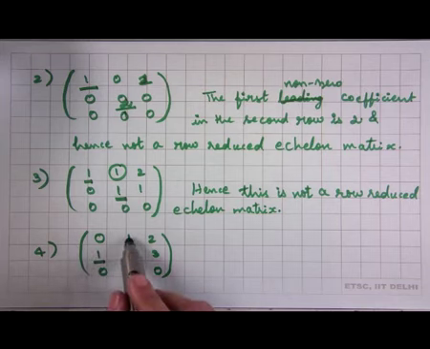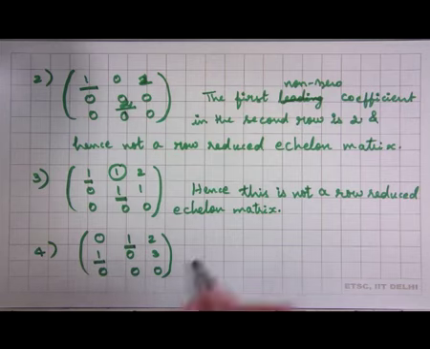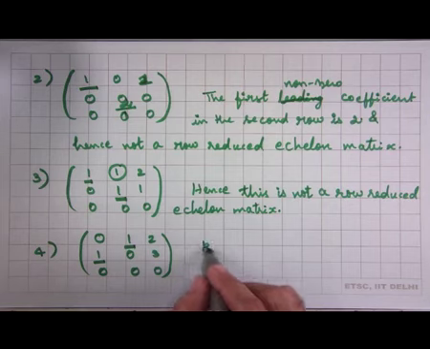You have 1 in the first row, second column and the other entries in that column are 0, and the first entry in the second row is 1, right, and the other entries are 0. So, you have two non-zero rows.